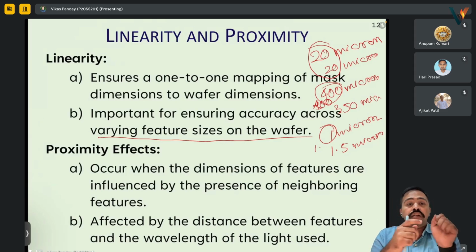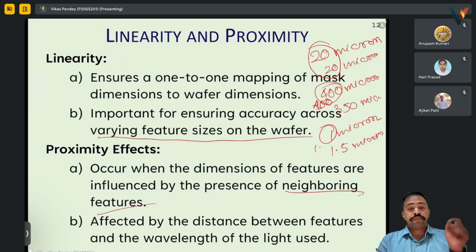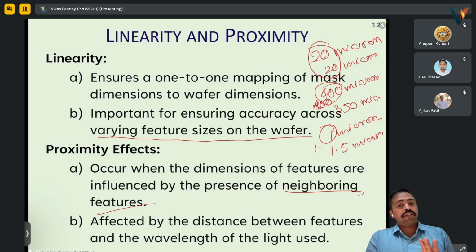But when the same features are present along with other features, like neighboring features, then they will not be linearly imaged, or will not have the same dimension as expected.